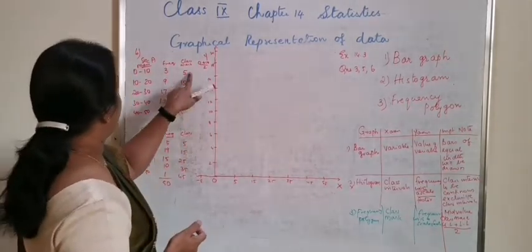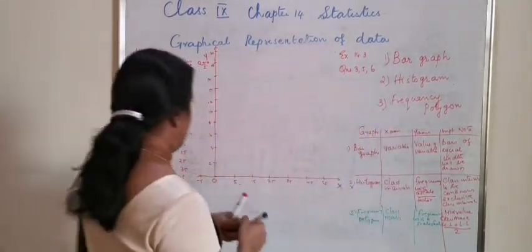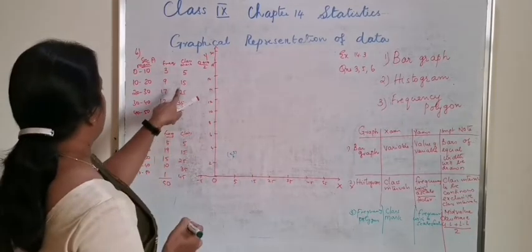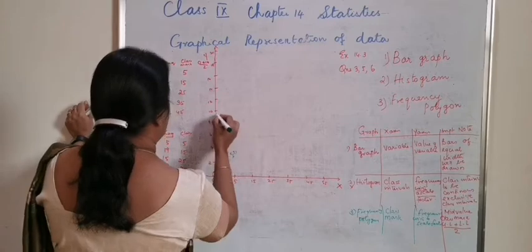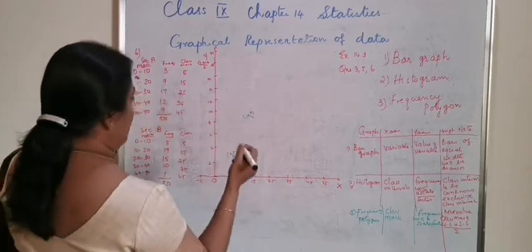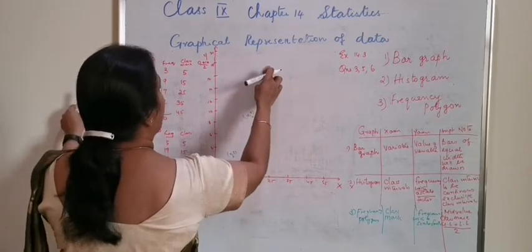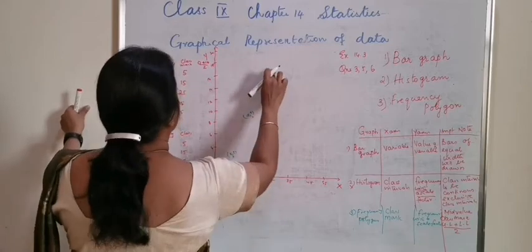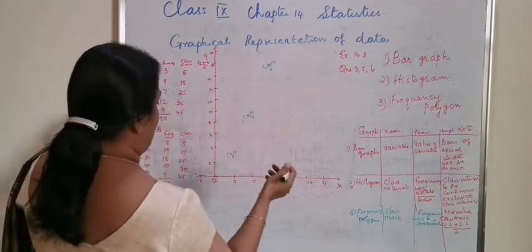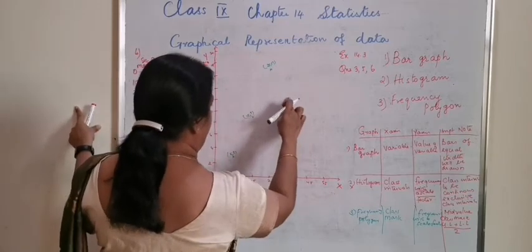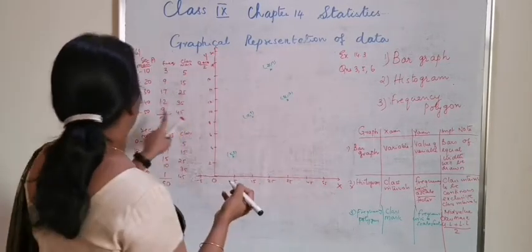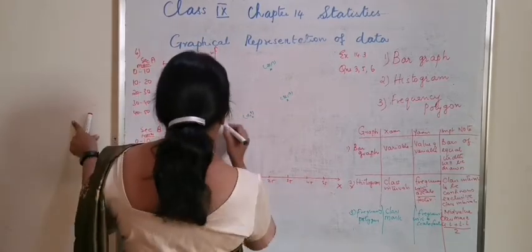For the first graph, let's plot the points: 5, 3; 15, 9; 25, 17; 35, 12; and 45, 9.